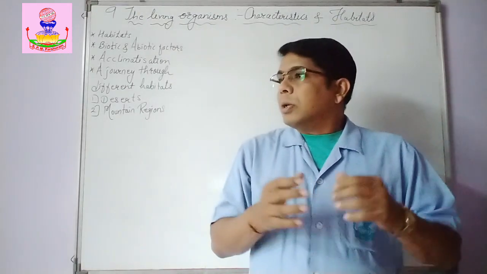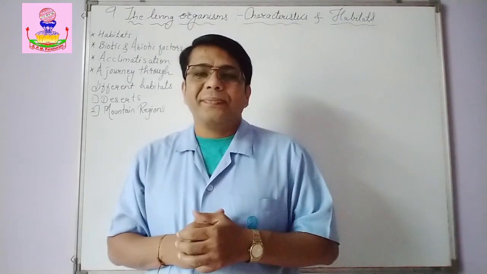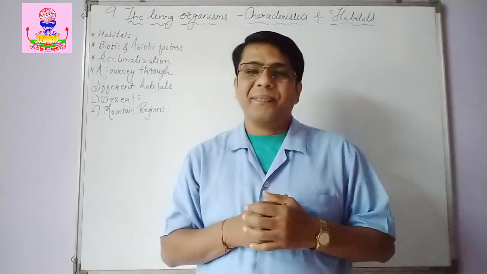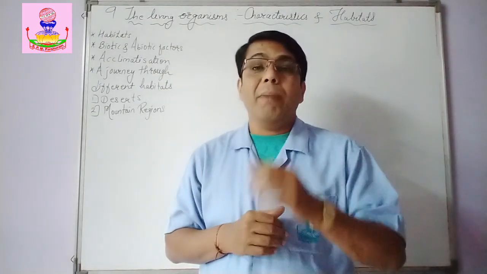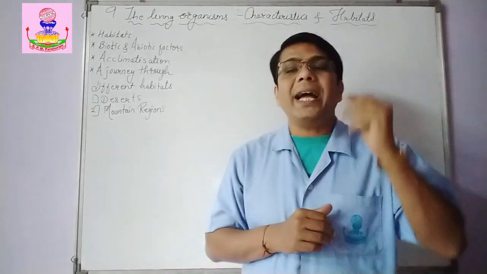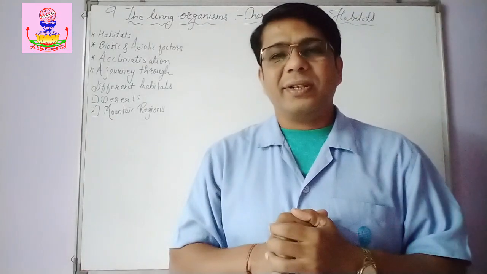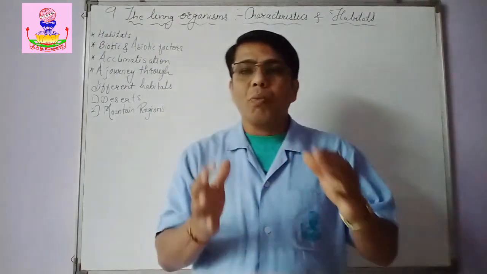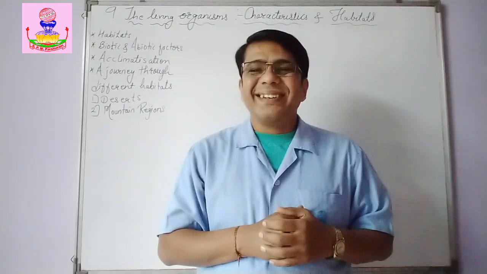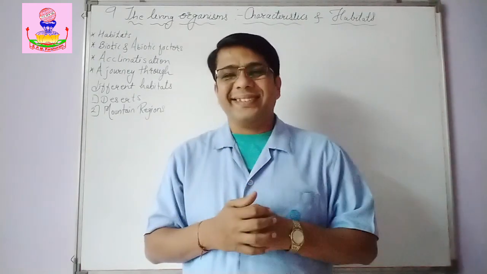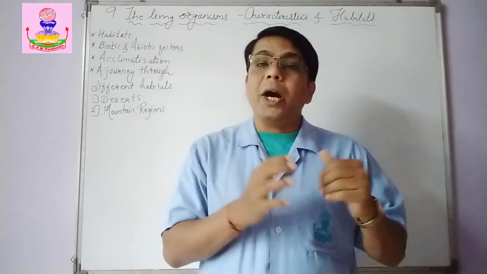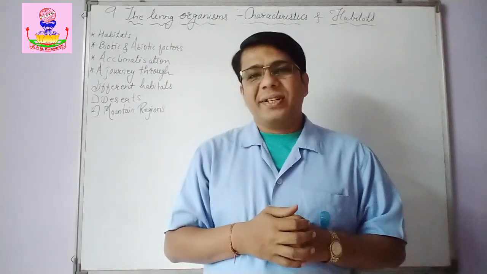Then the plants and animals, the living organisms in these habitats, are called biotic factors. What are they called? Biotic factors. So plants and animals are the biotic factors, while water, air, rocks, soil, heat, all such factors are called abiotic factors.